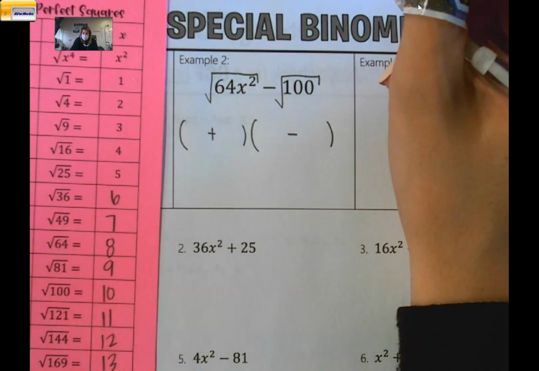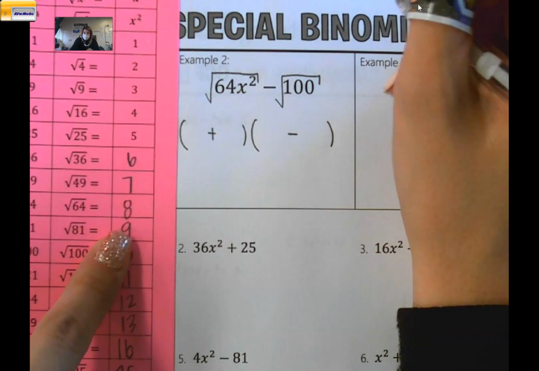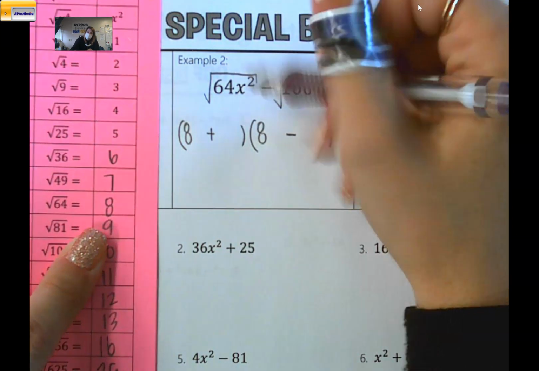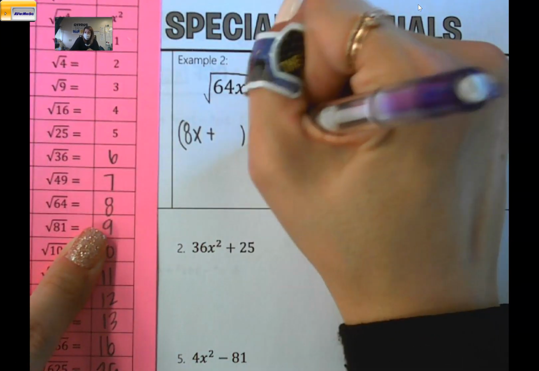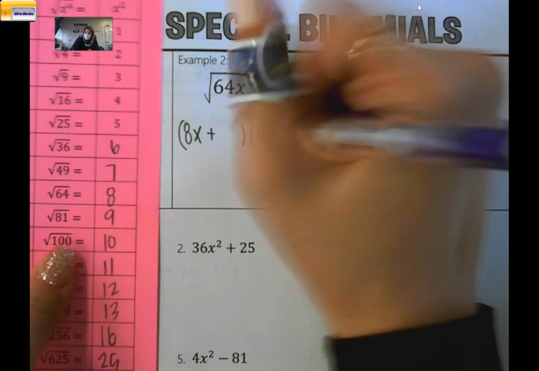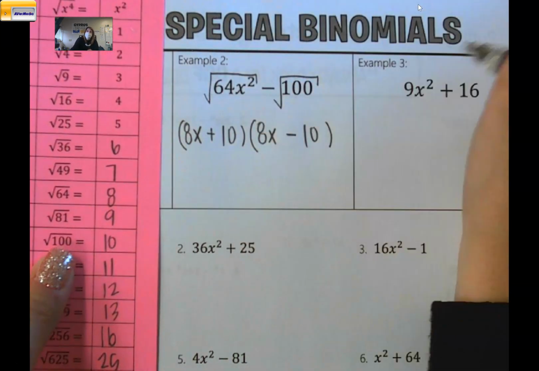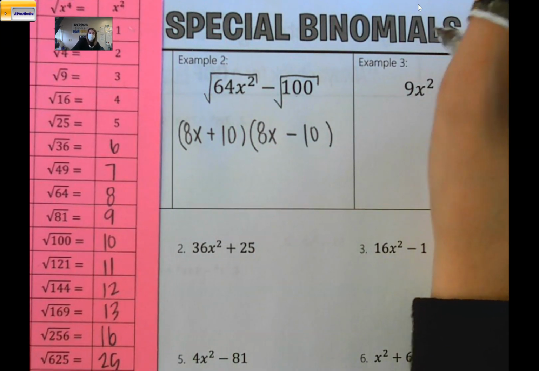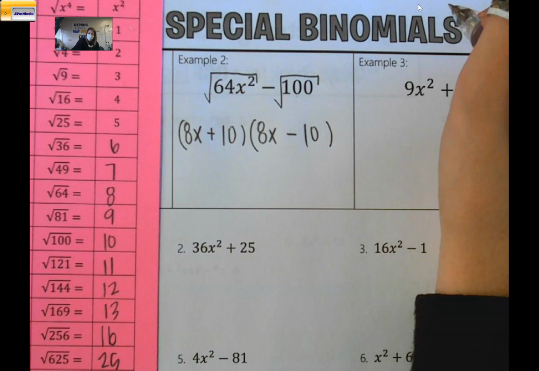So root of 64 is 8. And then root of x squared is x. So this time our first term is 8x. Root of 100 is 10, so our second term is 10. So these factors are 8x minus 10 and 8x plus 10.